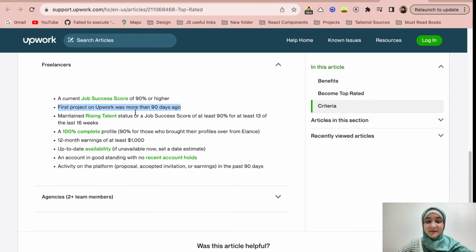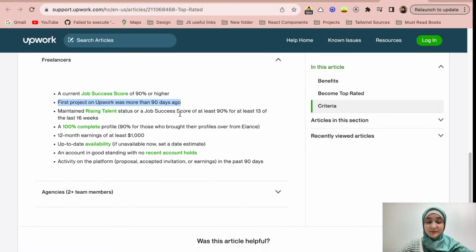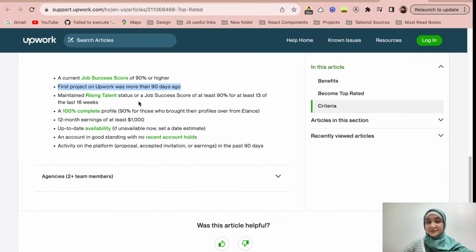That's one of the criteria. And that actually makes sense, because if you have been working more than 3 months, you will have a job success score. You will have completed lots of jobs, two to three on Upwork, maybe 4 or 5 depending on the project scope.